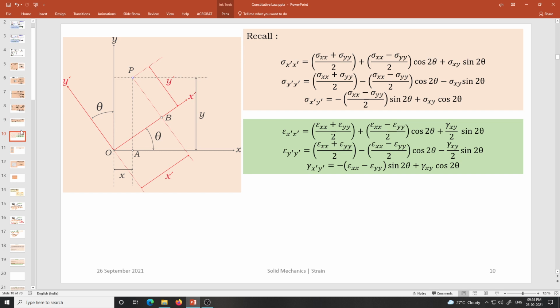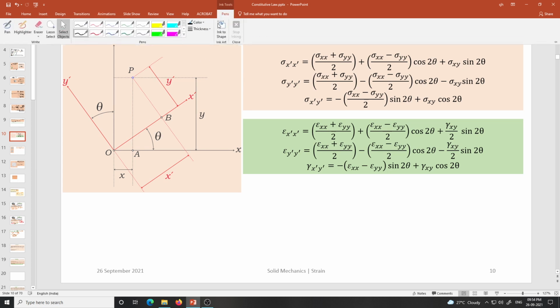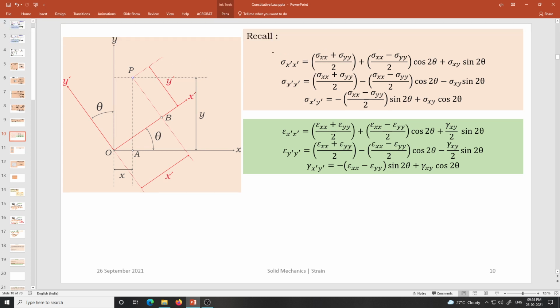If we recall the transformation relationship between the stresses and the strains, we had this kind of relationship when we change the coordinate axes from xy to x prime y prime, and this relationship for the strains from xy axes to x prime y prime.